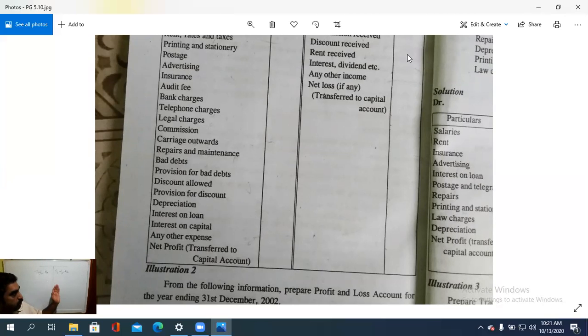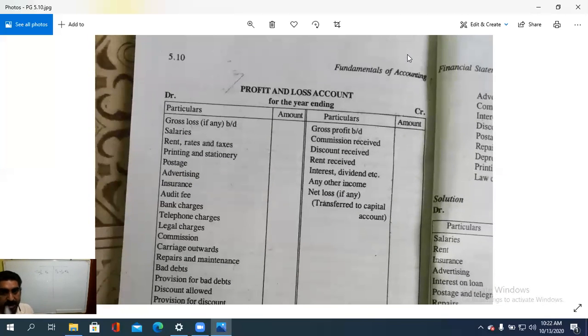So I told you before, all the indirect expenses and losses are to be debited and all the indirect incomes and gains or profit are to be credited. See, on the credit side, this is commission received, whatever be the received item, income is to be generated. Okay, that all to be credited.